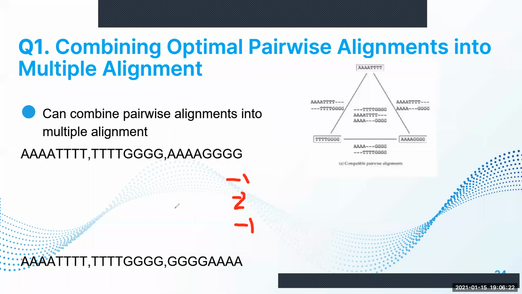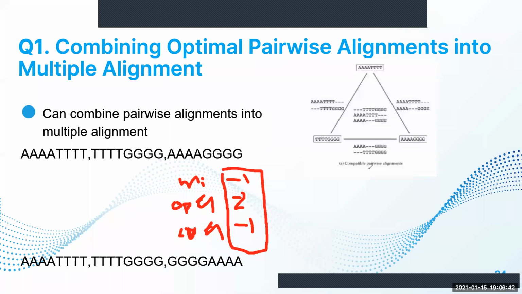This one is for opening a gap, this one for continuing a gap, and this one for a mismatch. Those are minus values. For matches, we can give around 4. Shall we give one? Let's see.